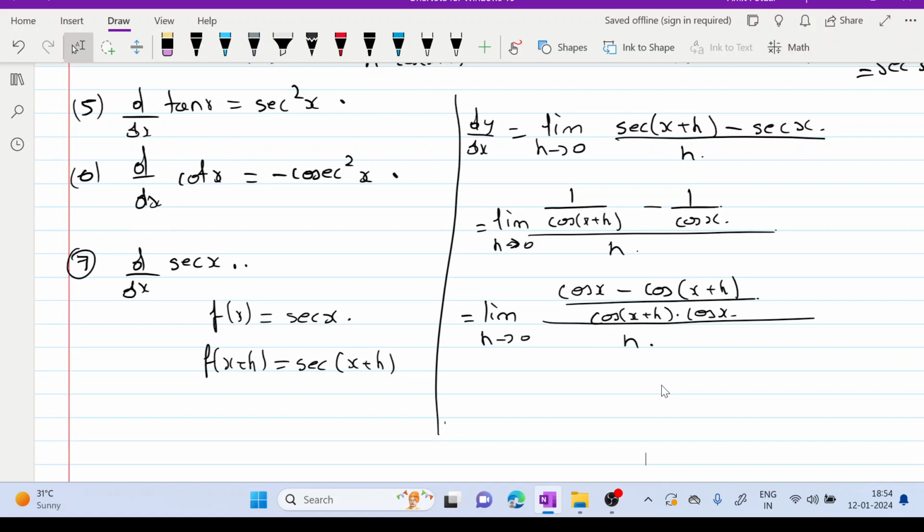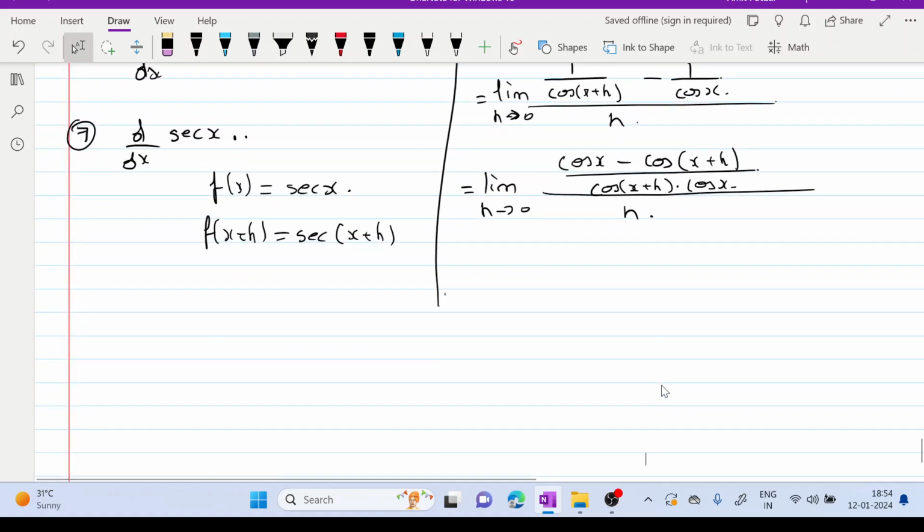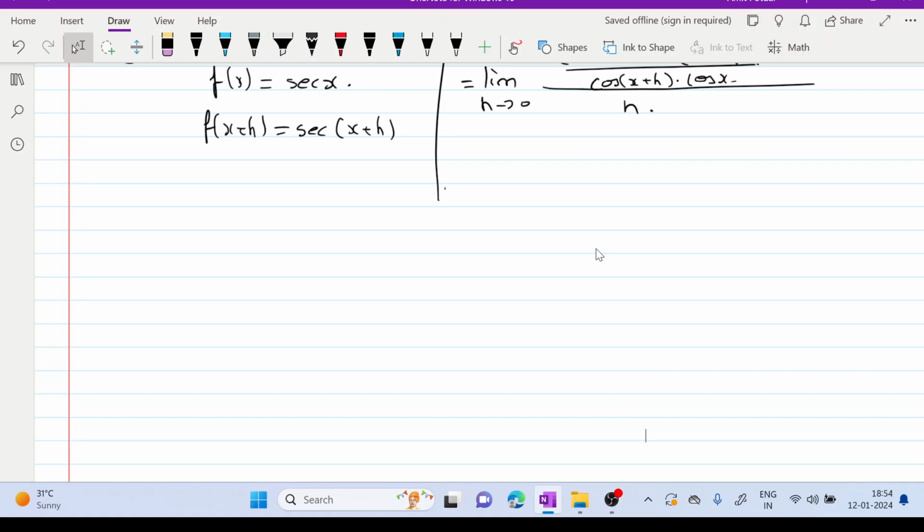Okay, so these are some basic derivatives. That's why I'm doing it, though your textbook has solved them.